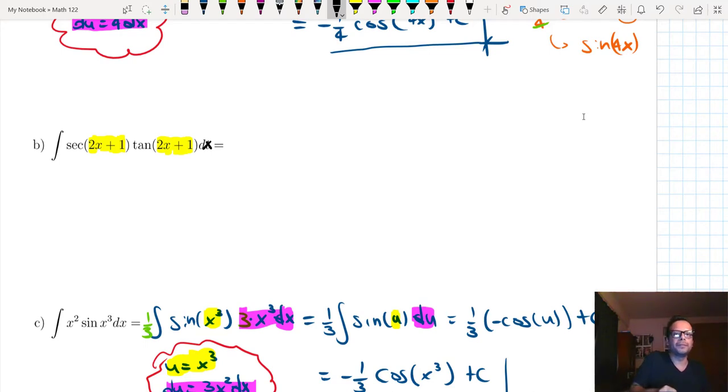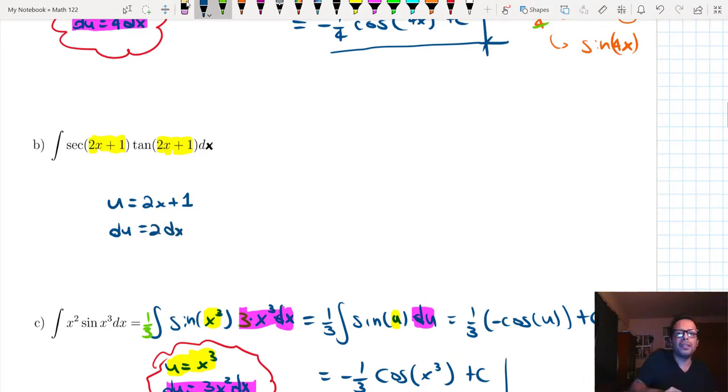Let me erase this. I'm going to put on white, and I'm going to write my x myself like this, okay? There it is. All right, so I'm going to set u, the quantity 2x plus 1, and du, which will be our differential here, that's 2 dx.